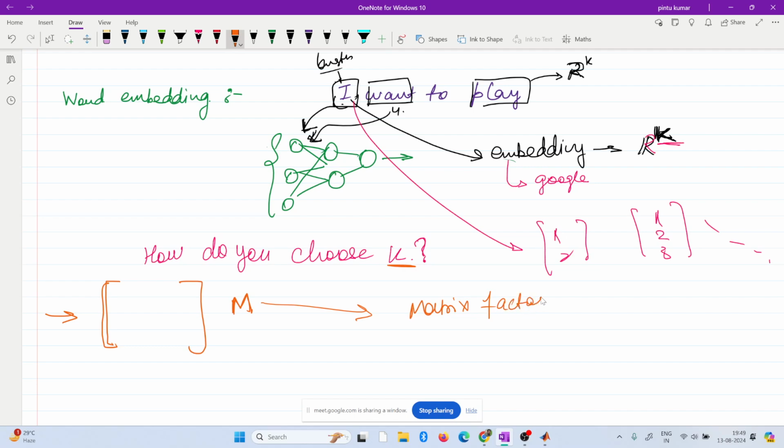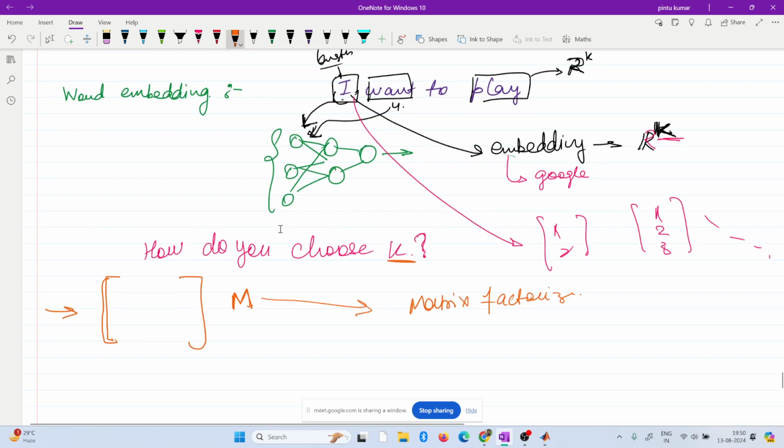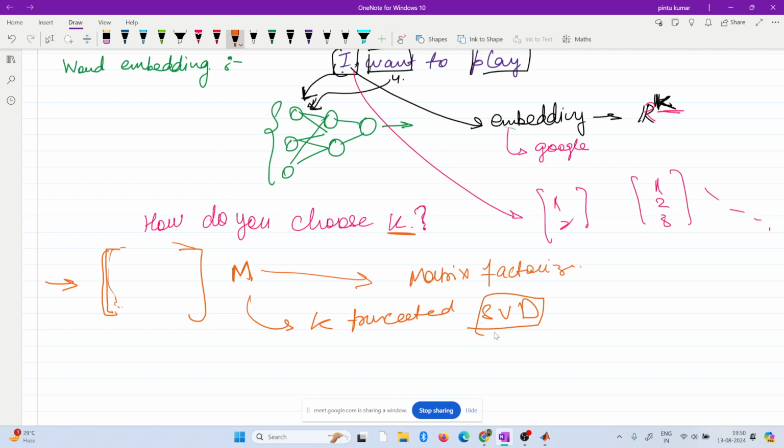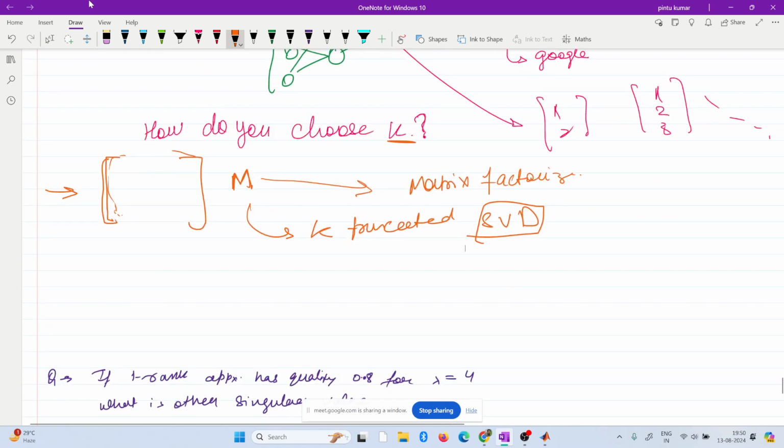To be specific, it is doing a rank-k truncated SVD of some matrix. This matrix is not easy to approximate, but the algorithm is implicitly approximating that matrix and doing a truncated SVD. This is what people found out.